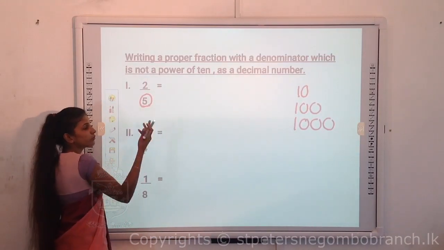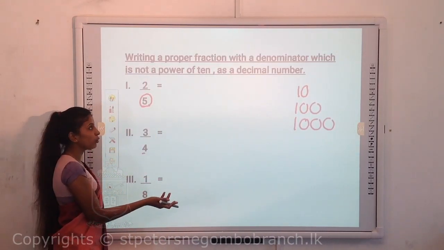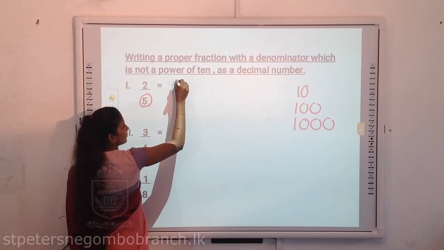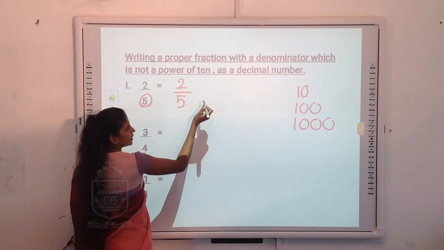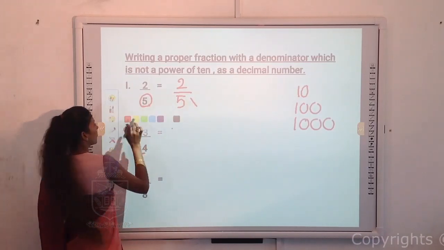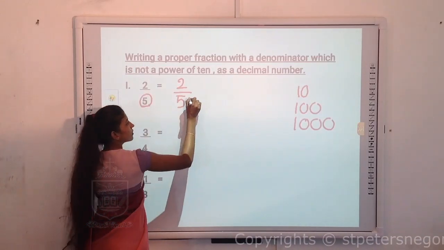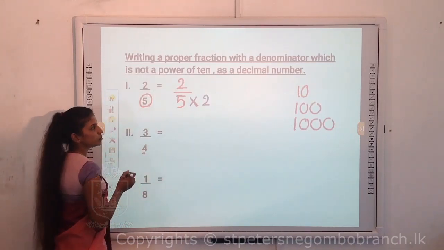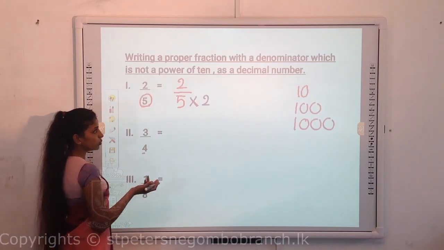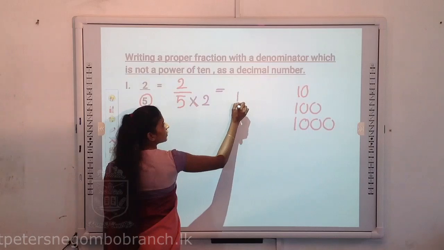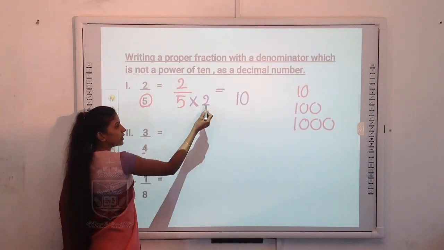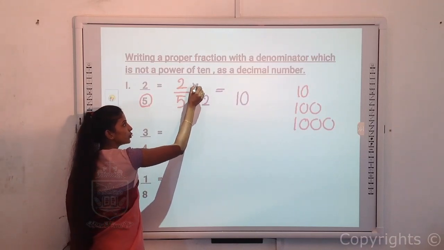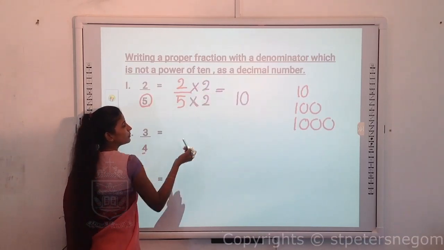So, how can we make 5 into 10? 5 times how much will give you 10? Let's see. 5 can be easily converted into 10 by multiplying with the number 2. Then you will have the denominator 10, which is a power of 10. When you are making equivalent fractions, the numerator should also be multiplied.